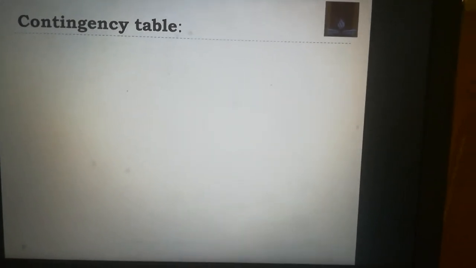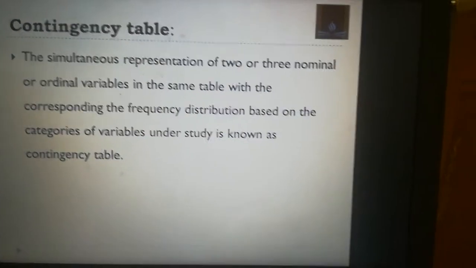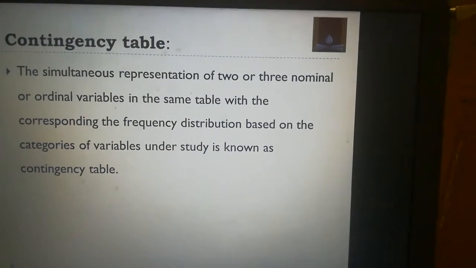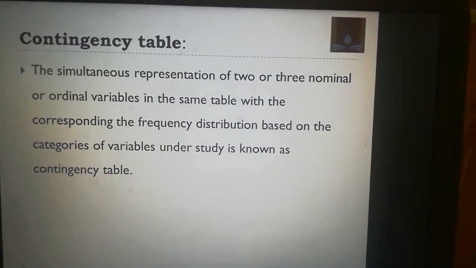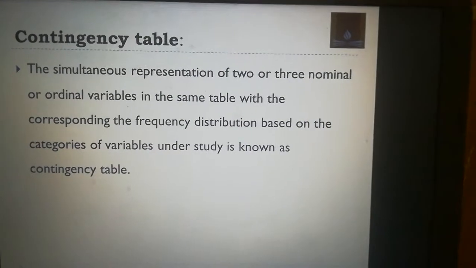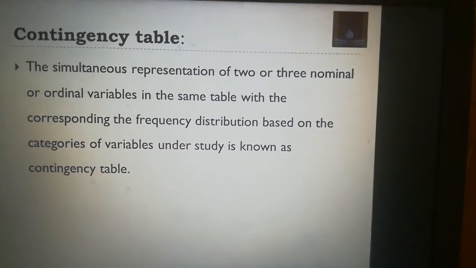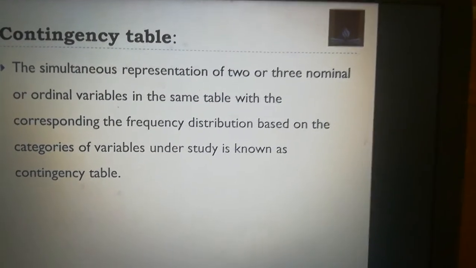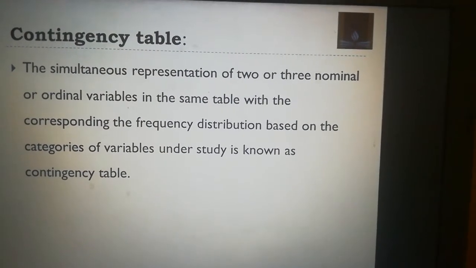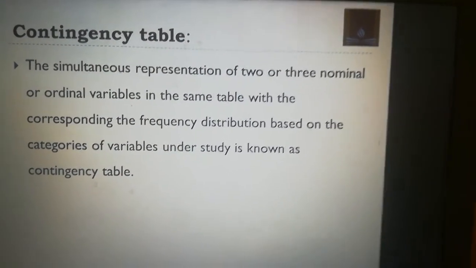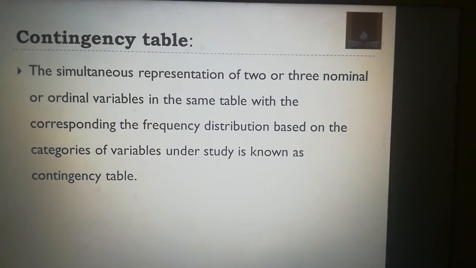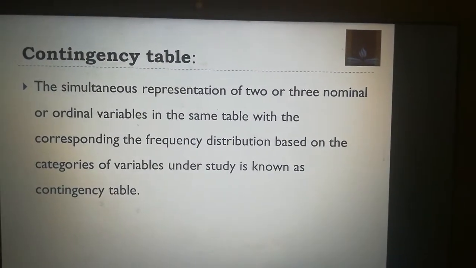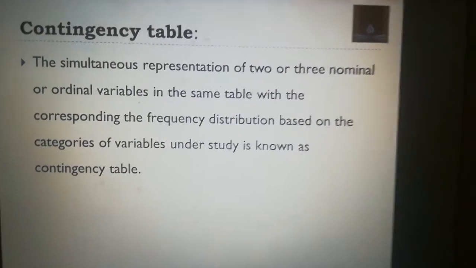On the other hand, the contingency table. It is a simultaneous representation of 2 or 3 nominal or ordinal variables in the same table with the corresponding frequency distribution based on the category of the variables used in the study.